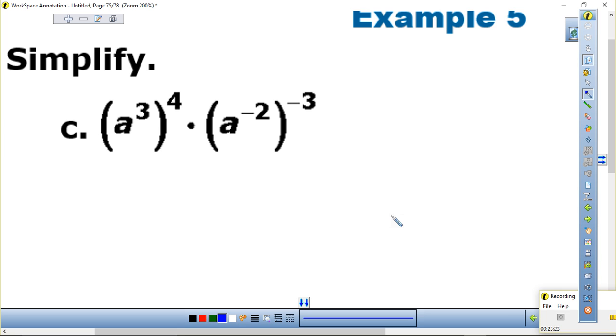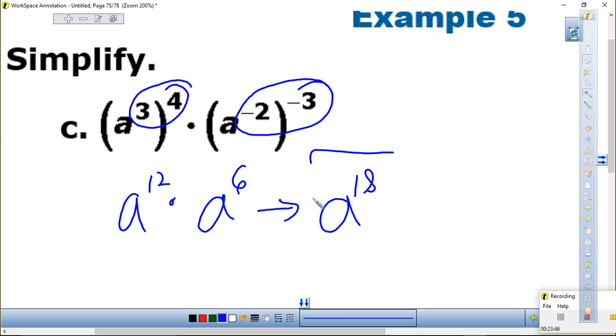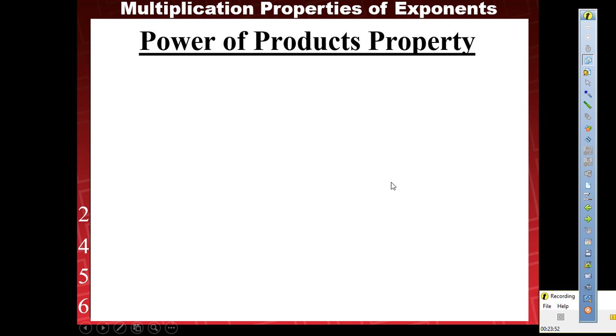All right, here we go. This one becomes a to the 12th, yes? Times this one becomes a to the 6th. Same base, this is 18. So far so good? All right. Let's do one more and then we'll move on. Actually, no, let's move on.